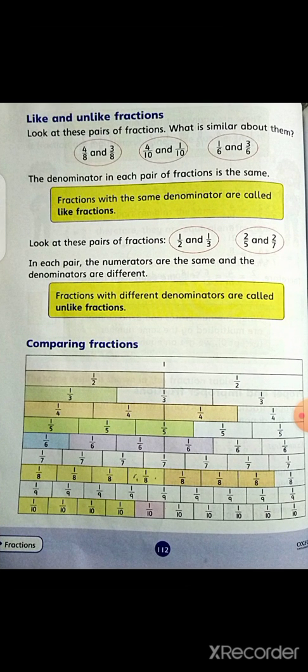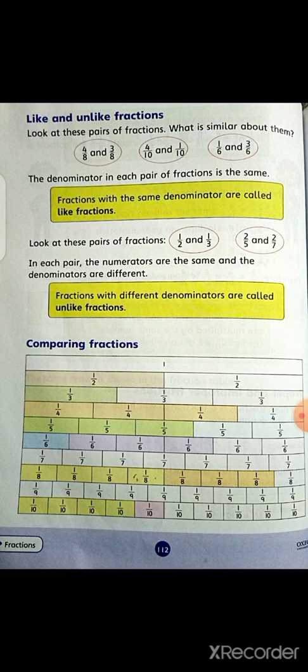In the first pair, the denominators are 2 and 3. In the second pair, the denominators are 5 and 7. So fractions with different denominators are called unlike fractions. And fractions with the same denominator are called like fractions.